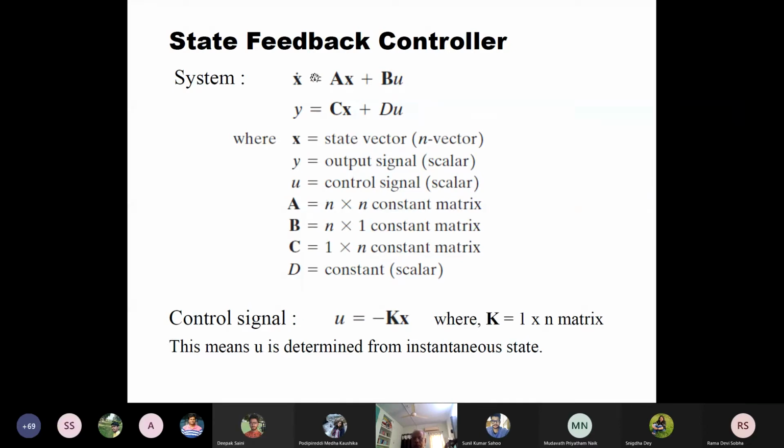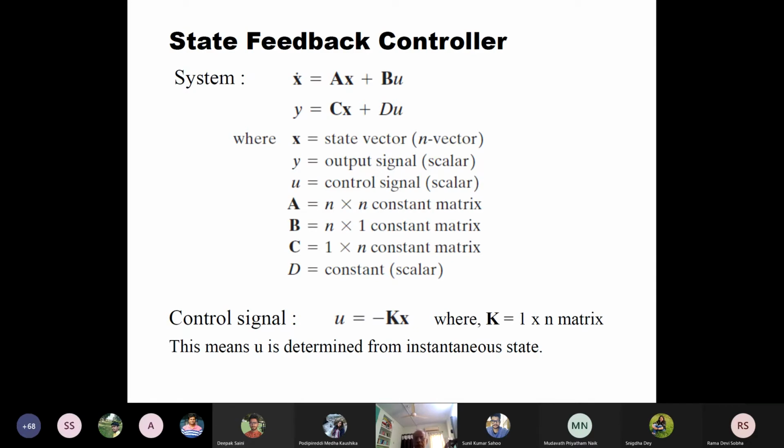So in this case, since we are considering only the state controllability, we are considering the regulatory problem where the disturbance to the system changes the states from steady state values to some other values.